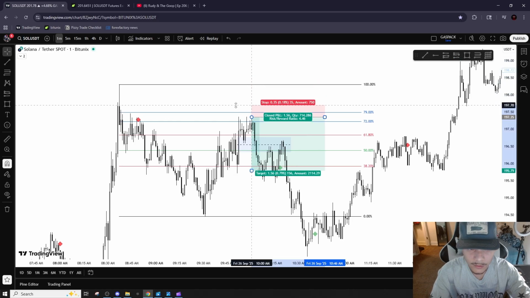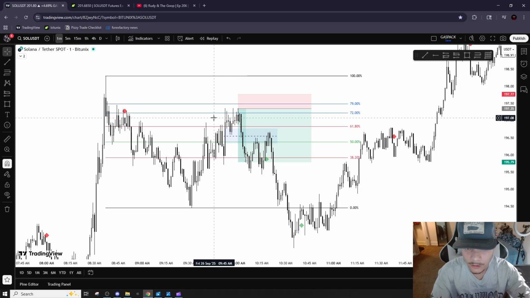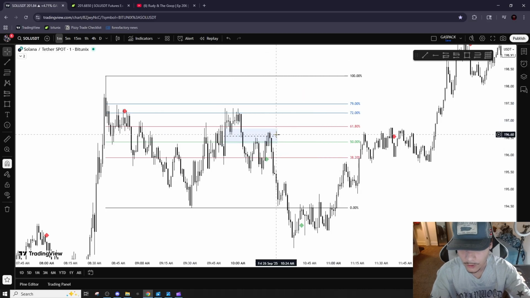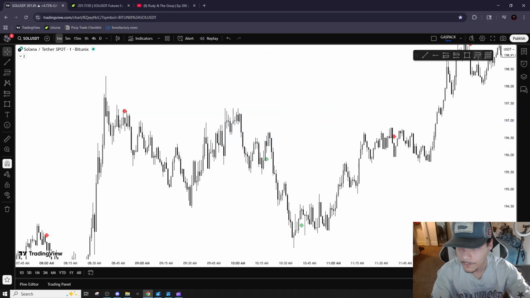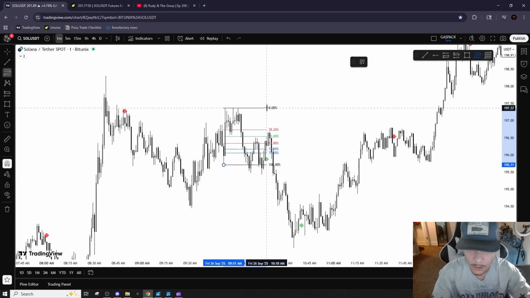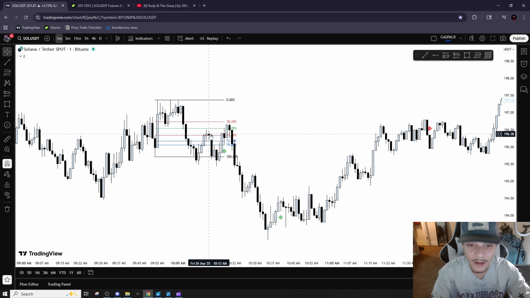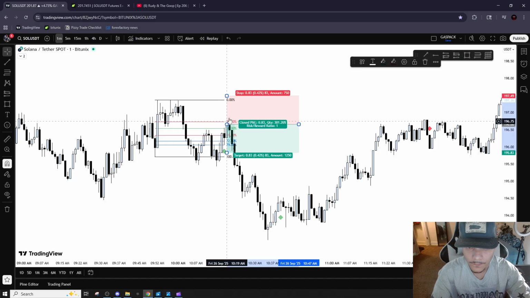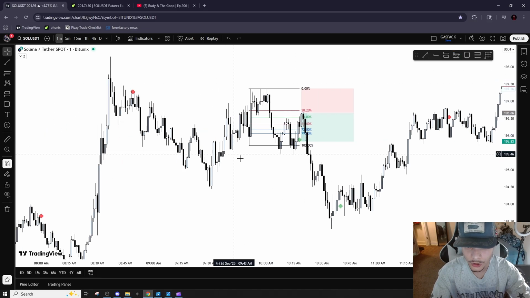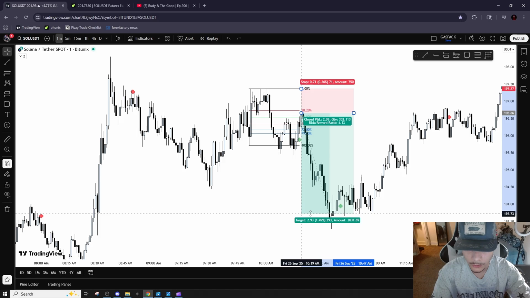Put your stops right there. Or you could have shorted off of the extension closure, waiting for the closure of 79, and then the pullback. Could have shorted here or here, and the trade would have overall banked for you.